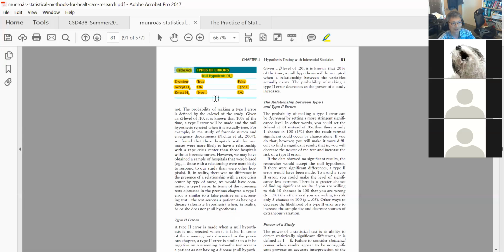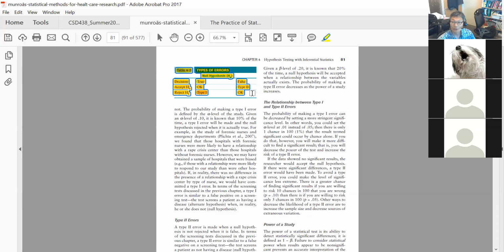That's the false positive. So the false positive rate is what we call the type 1 error. And the other way is when the null hypothesis is false, but we fail to reject it, which means we accept the null hypothesis. That means there's also an error, right? So we call it a type 2 error.